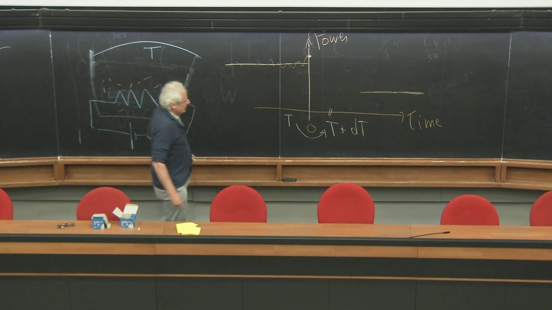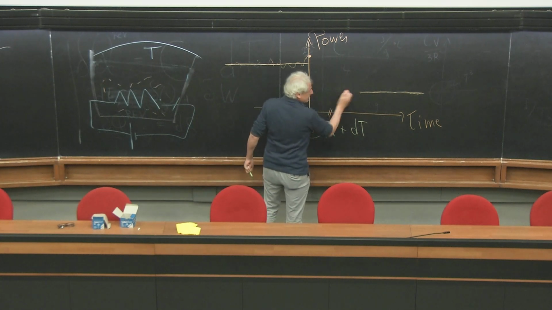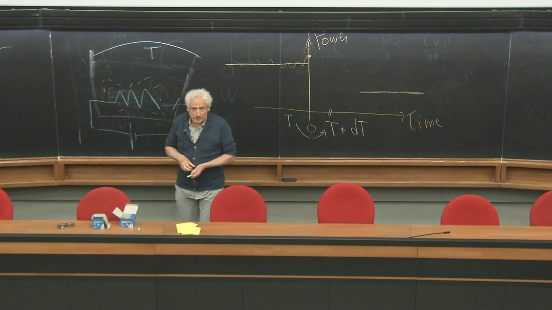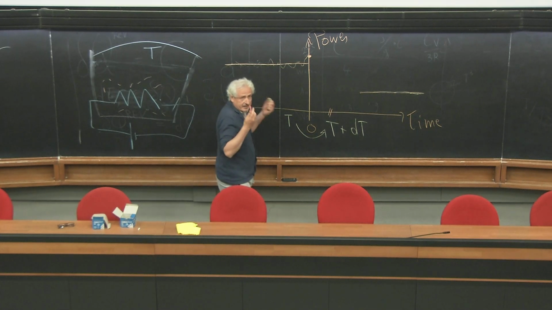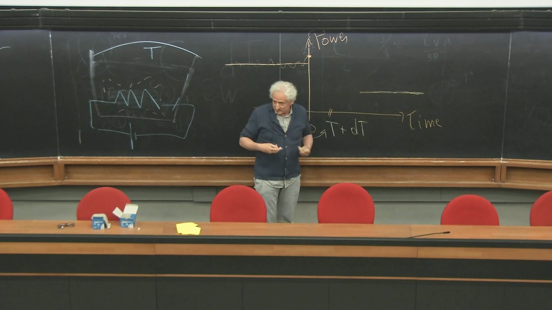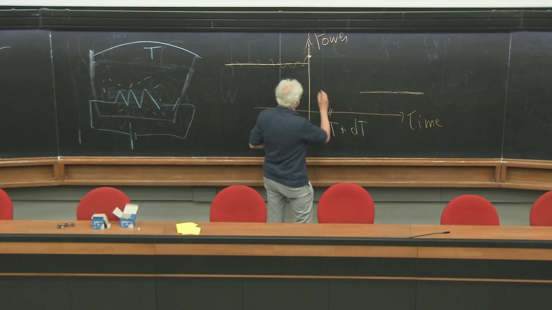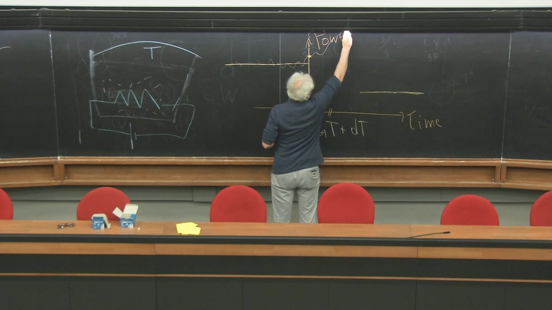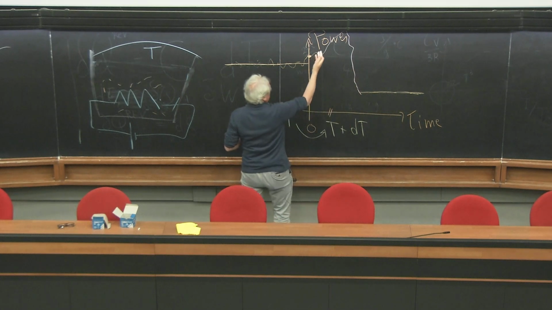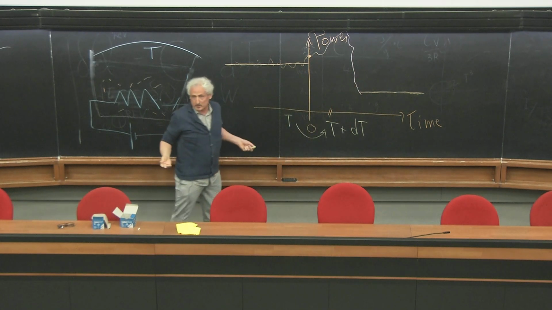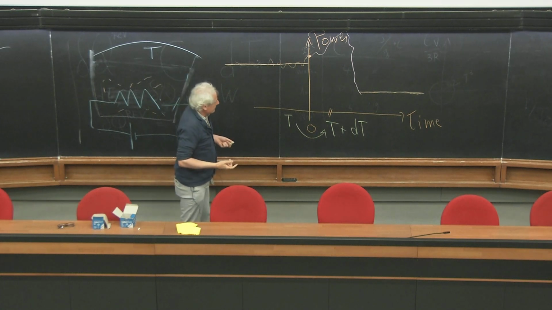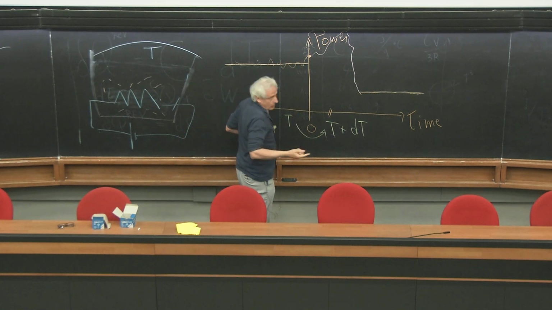Okay, but what happens between here and here? Well, there is something going to happen, probably. The figure is a caricature, no? It's conceptually trying to understand the notion of non-equilibrium heat capacity. So there probably will be some kind of a transition, where I'm drawing here a curve of the power. And that will happen also in equilibrium.